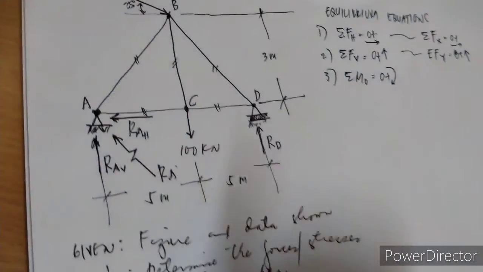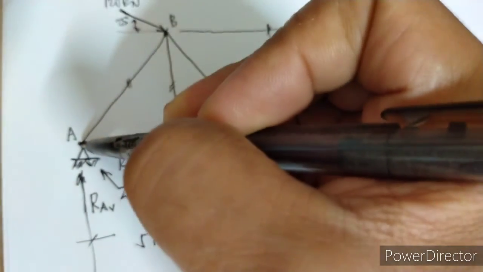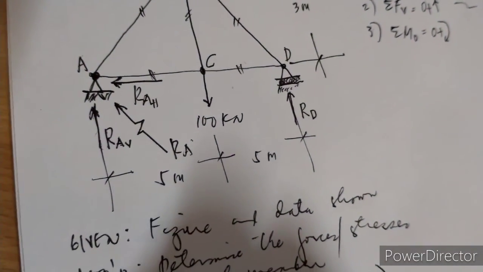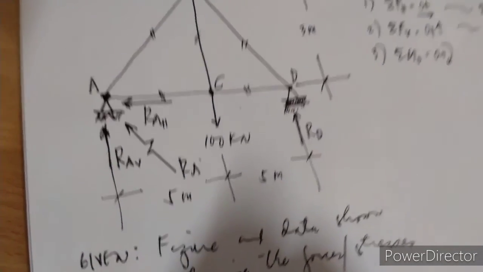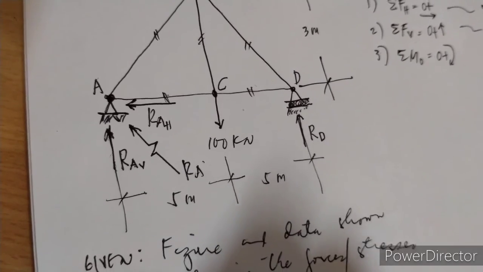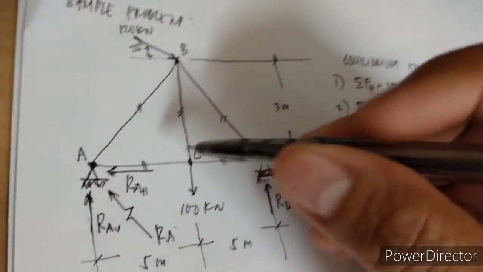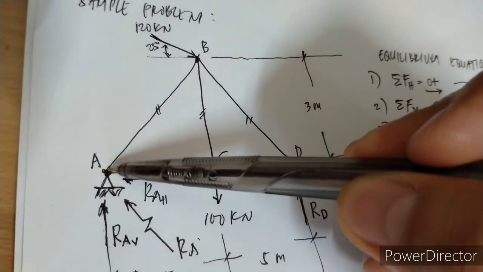So if you're going to take summation moments at this point A, you need to write summation moments at A is equal to 0, positive clockwise moments.